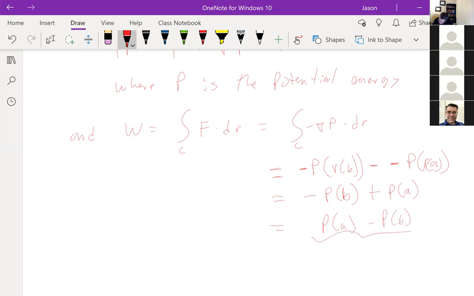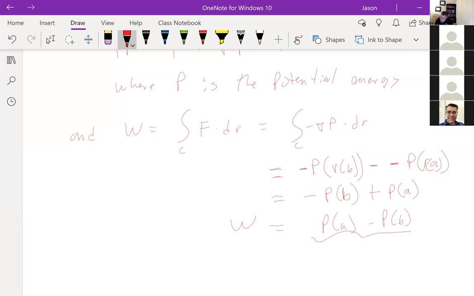This is the work done in moving a point from A to B. And why is the work negative? Because it's going against the force field. Makes sense to me. So what can I do?